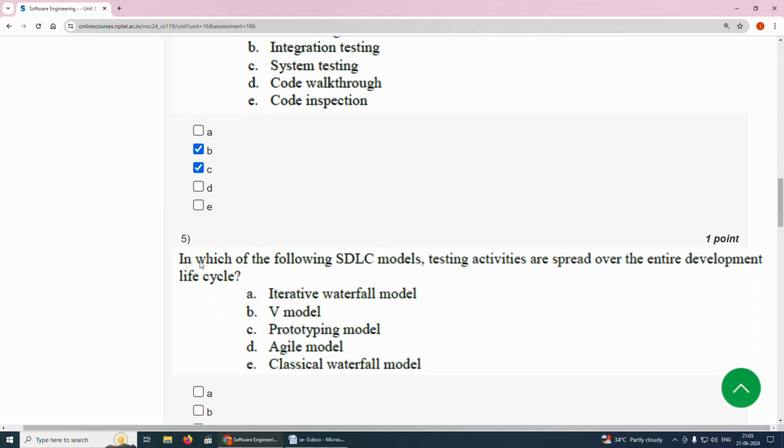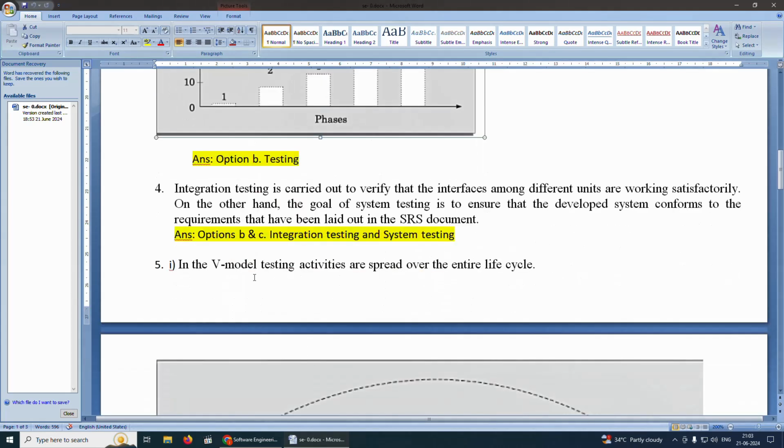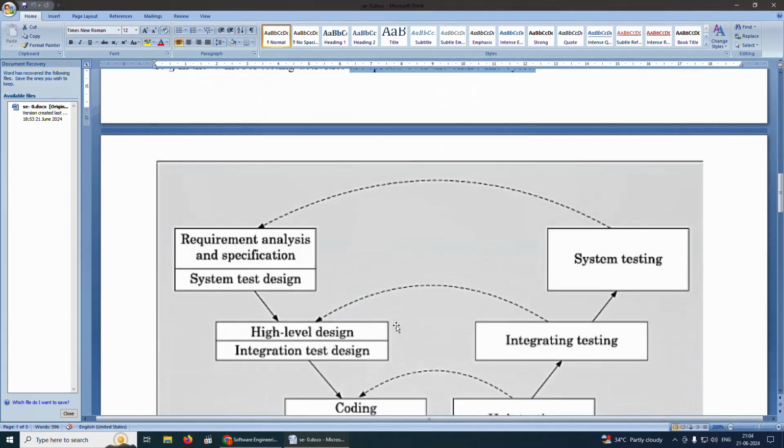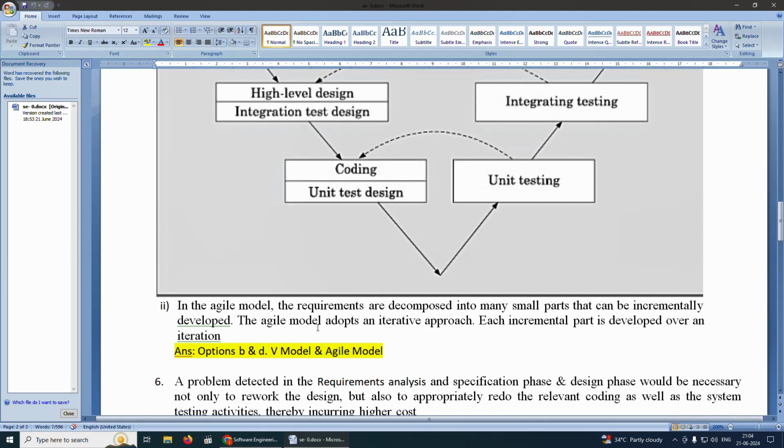Fifth question, in which of the following SDLC models are testing activities spread over the entire development life cycle? In the V model, testing activities are spread over the entire life cycle. In the Agile model, the requirements are decomposed into many small parts that can be incrementally developed.